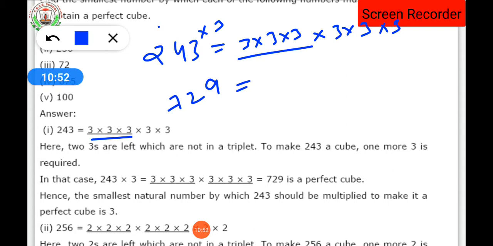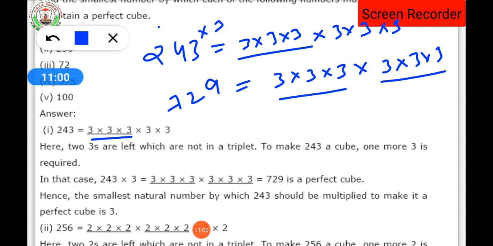So here we can see that this number has the pairs of the triplets. Hence we can say that 729 is a perfect cube and 3 is the smallest number by which 243 will be multiplied. Whatever the number is unpaired will be formed there.